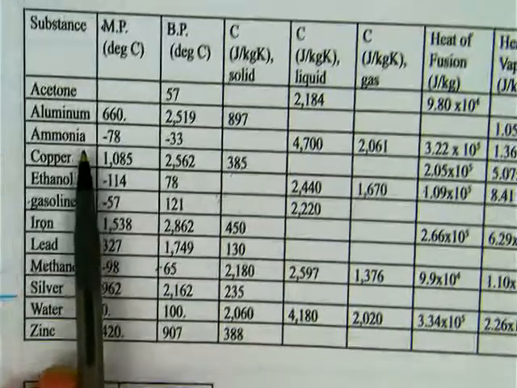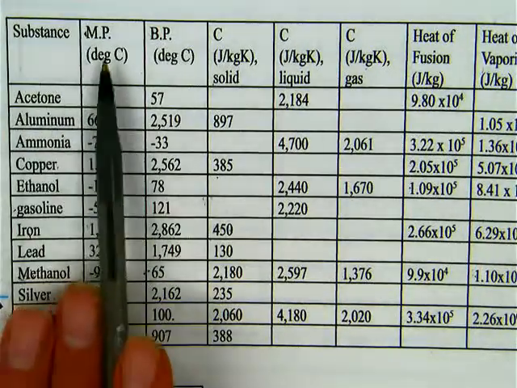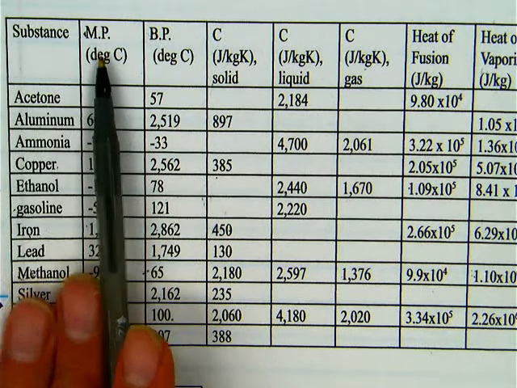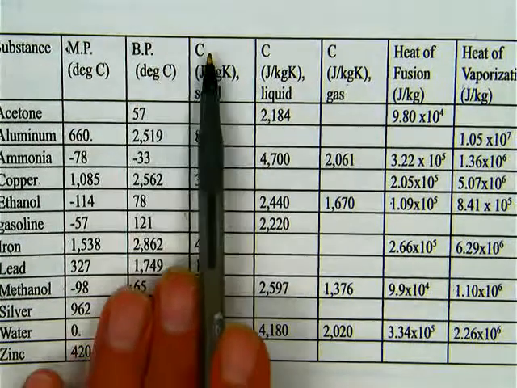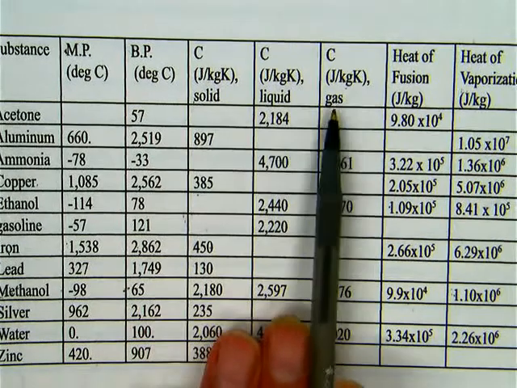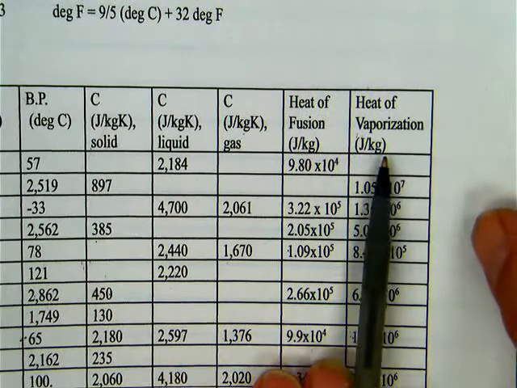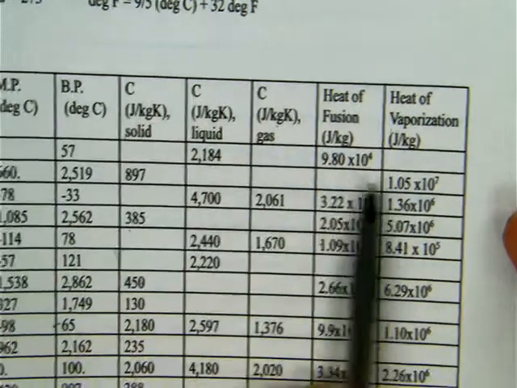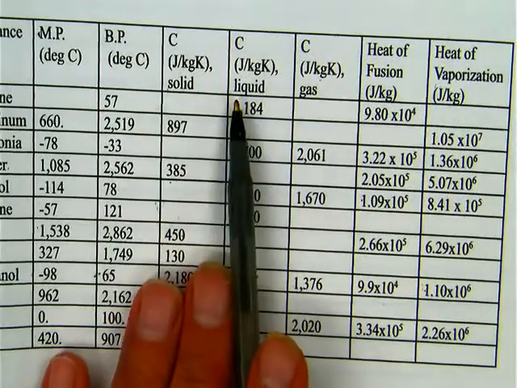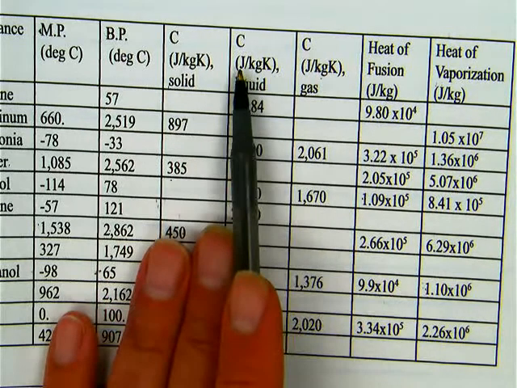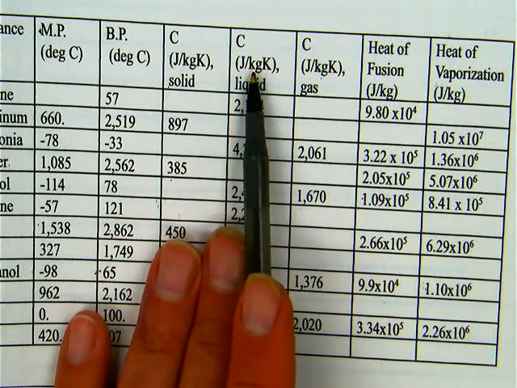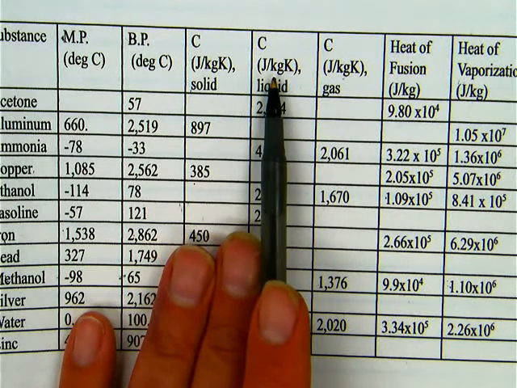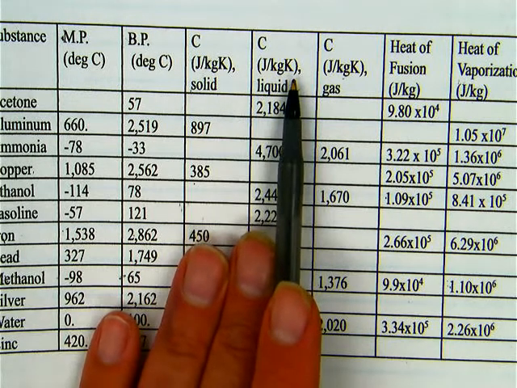In this table, it's somewhat incomplete, but where there is information, MP is the melting point, BP is the boiling point, C is the specific heat in solid, liquid, or gas, heat of fusion, heat of vaporization. I did not update this table. In the current school year, we've been working in units of joules per gram per degree C. But this table is listed in joules per kilogram per Kelvin.